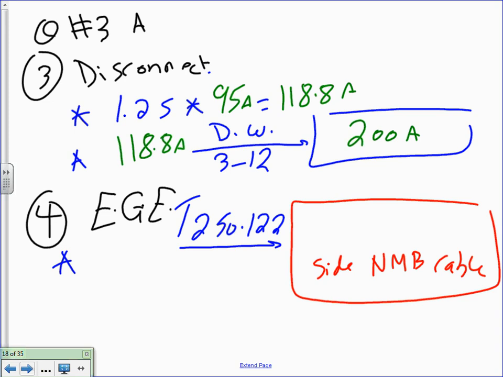Did you verify it? 200 amp. Piece of cake. Equipment grounding conductor, guys: the overcurrent protection device is 125 amp. 250.122, the conductor would be number 6. So it would be one conductor, number 6 AWG.